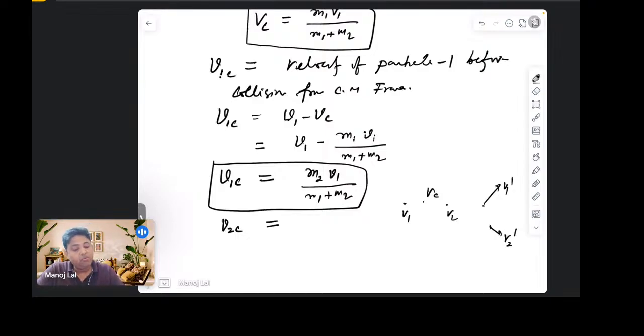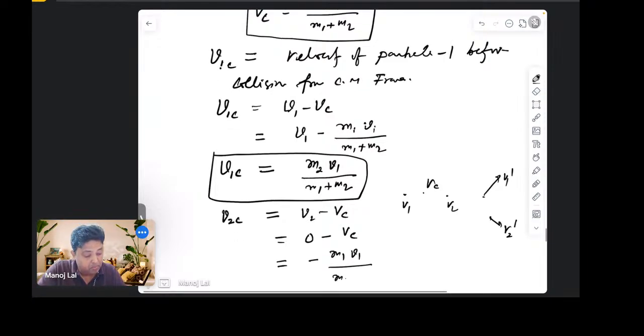Let me calculate first: V2C is v2 minus Vcm, so 0 minus Vcm, which is minus m1 v1 by (m1 plus m2). This is the velocity of particle 2 in the center of mass frame before collision.